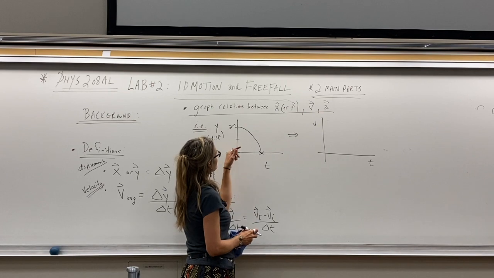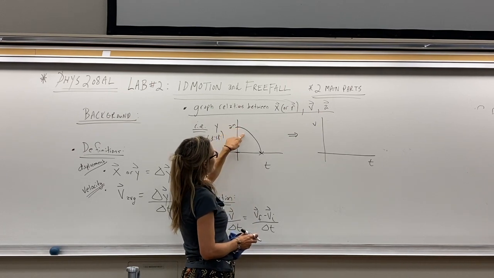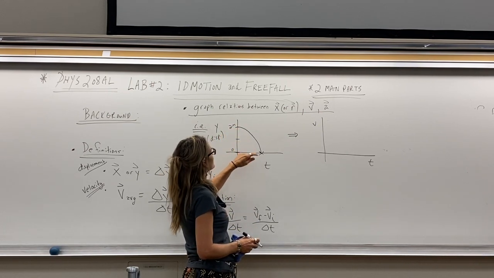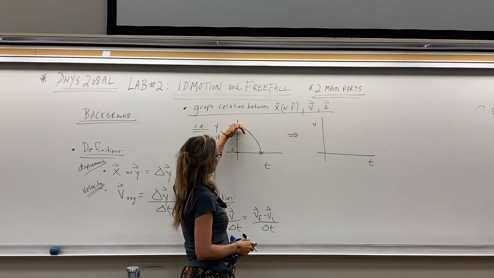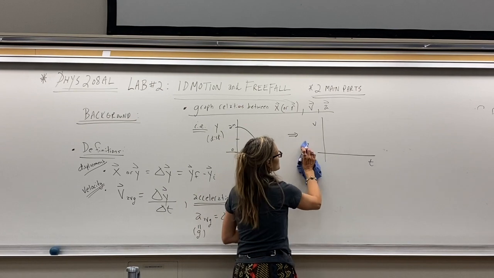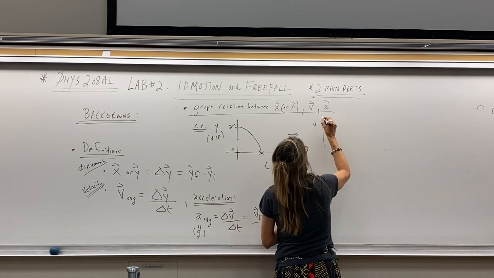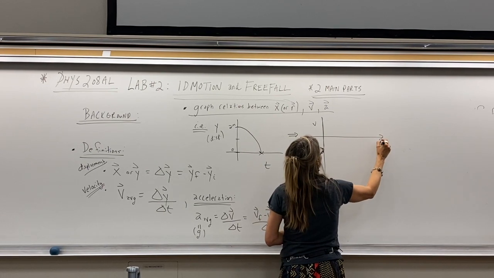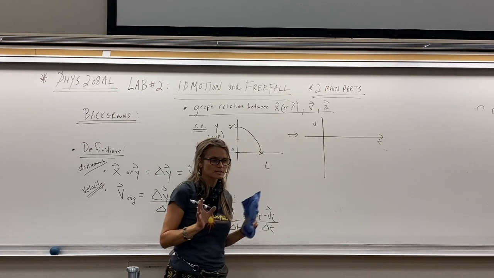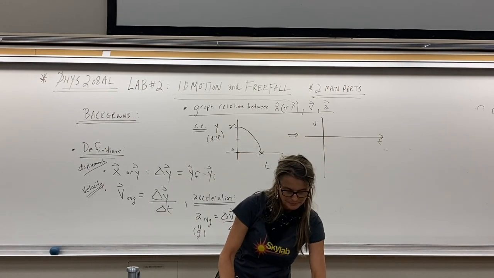And what's going to happen is it's going to be speeding up in the negative direction. So what this will look like will be more like this, and your directions just depend upon how you label everything.